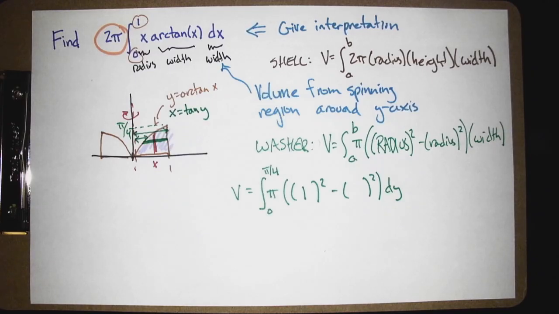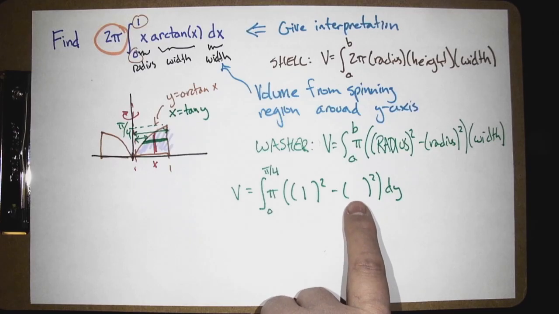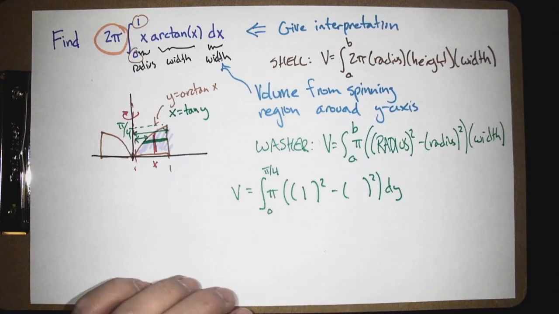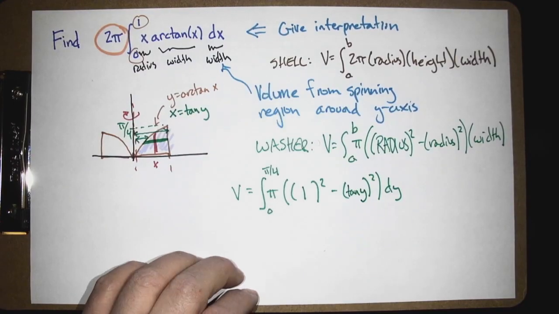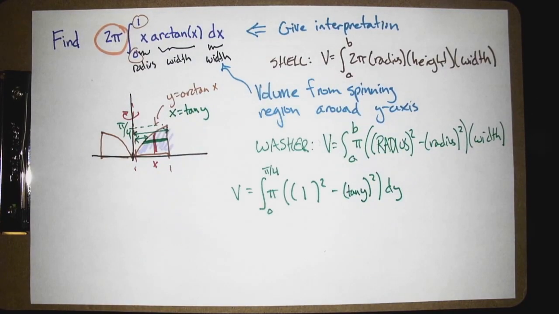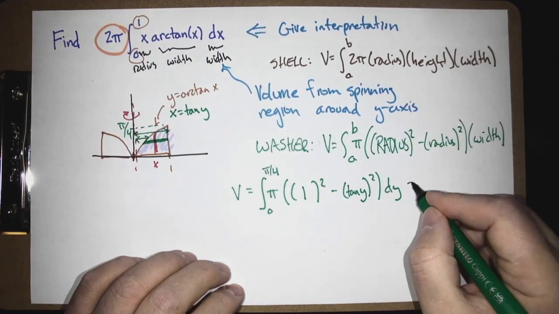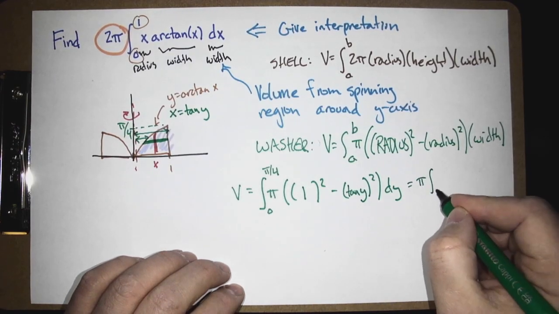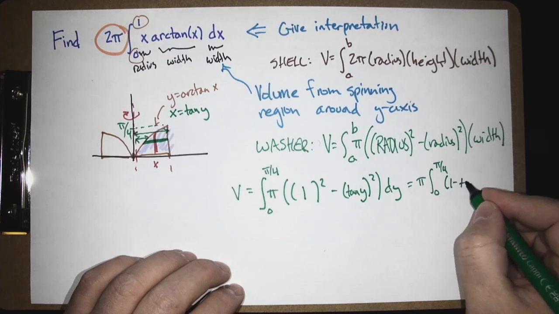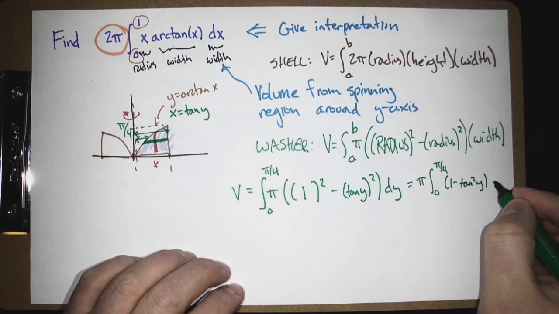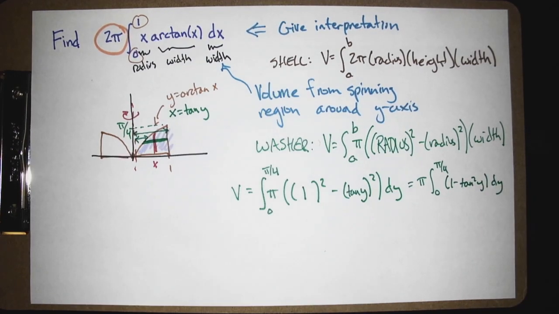Okay, so what's our small radius? Tangent of y. All right, good. We've made some progress. And this looks slightly more palatable. At least it seems possible. The original one seemed like, ugh, really?